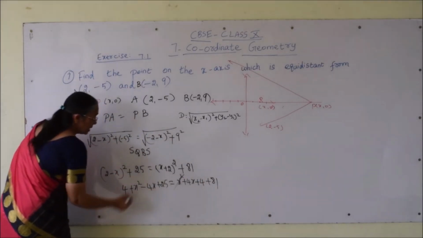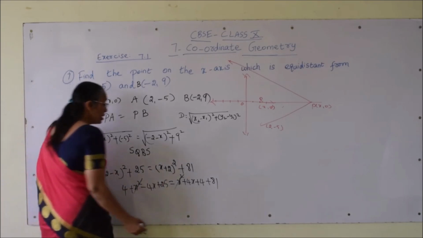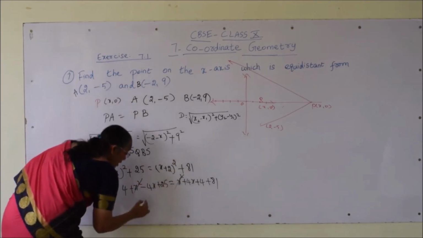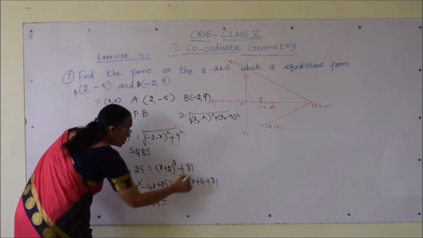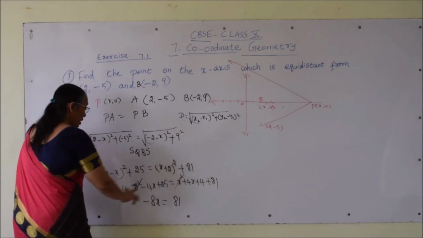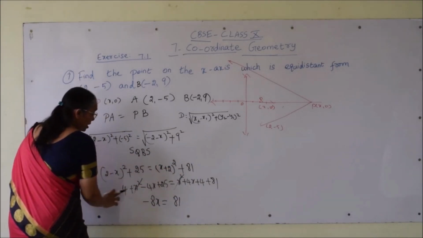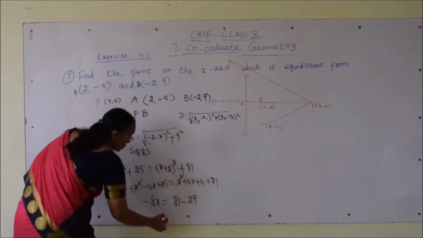Both on the left hand side and right hand side the square term is there, so we can cancel it. So, it is now coming into the linear equation form. 4x, let me bring here. So, minus 8x is equal to 81 is there here, and let me take this 25 plus 4, 29, to this side. So, minus 29.